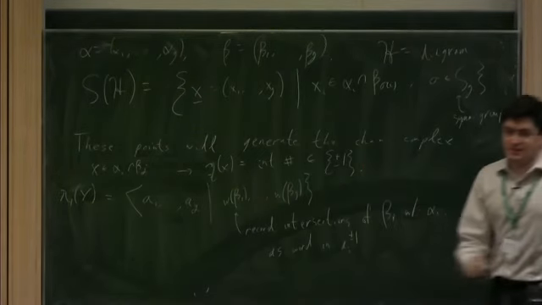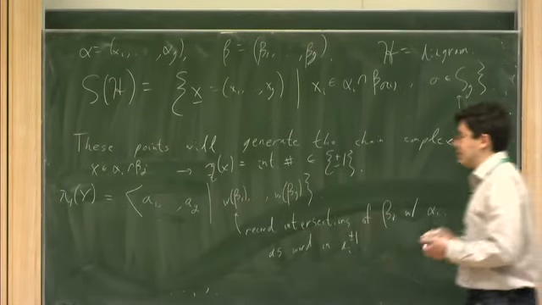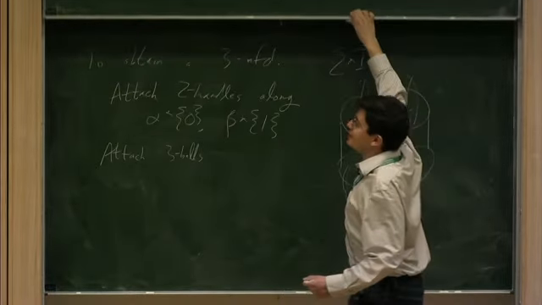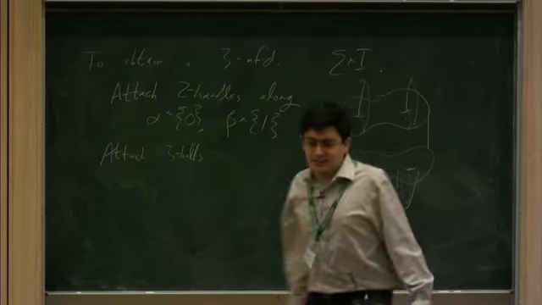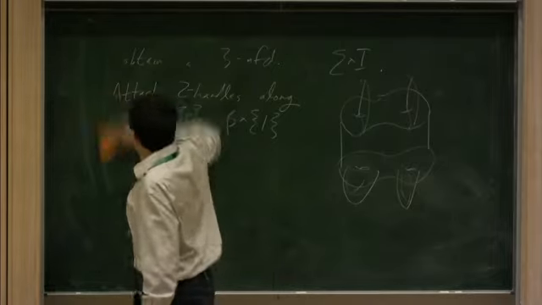So the a_i and their inverses, depending on the signs of intersections. And it's not too difficult to prove. It's going to be a nice little exercise. That's actually going to determine pi1 of the 3-manifold.